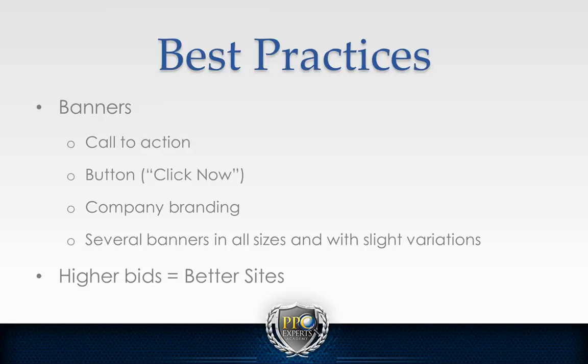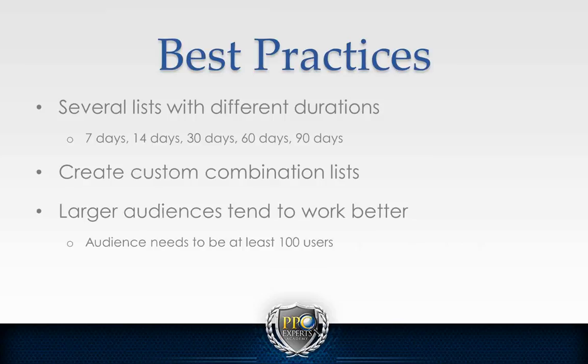If you bid 10 cents or 15 cents, you might get some impressions and show up somewhere, but those are Google's bargain sites. These are the sites that really nobody wants to be on, and so Google puts you there. When you bid higher, you get on better sites. If you want to show up on CNN and maybe the Wall Street Journal and those types of sites, then you have to bid higher.